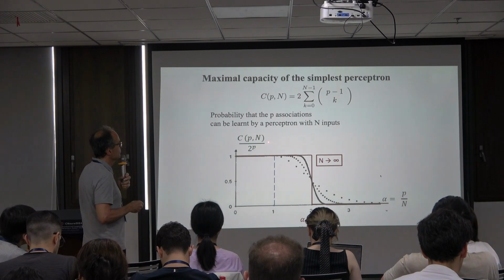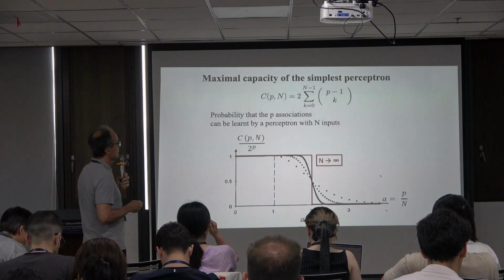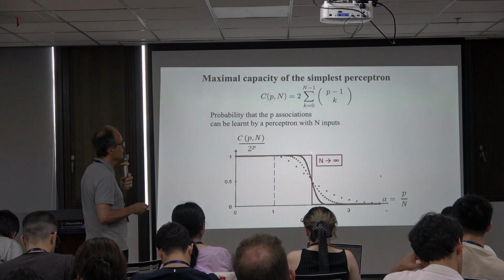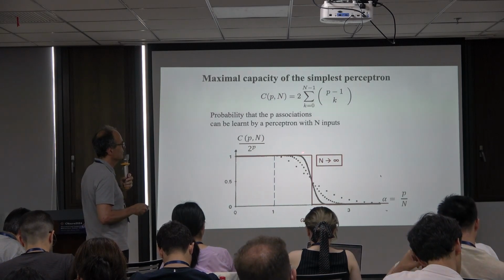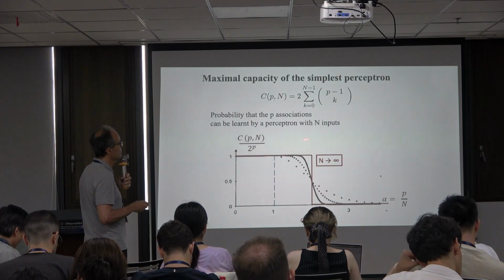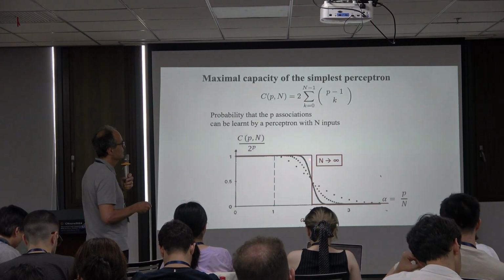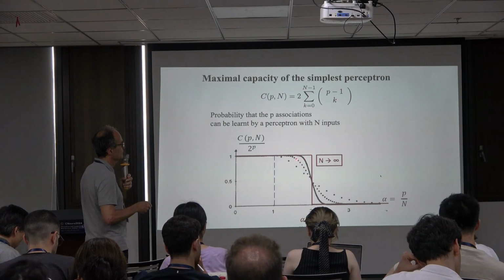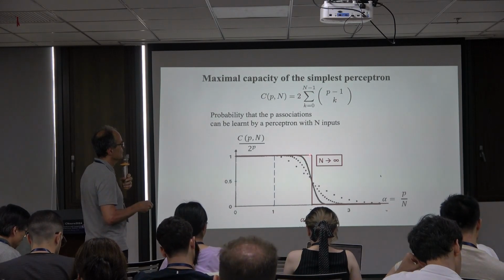And then if you increase P to 2n, then most of them are still separable, in the sense that if n increases and P over n is fixed, this will go to 1, which is this different curve here.